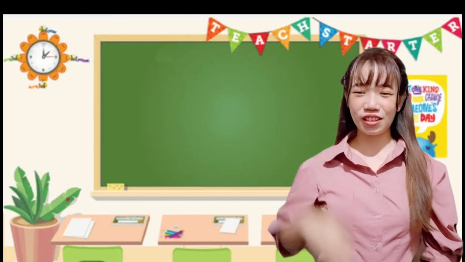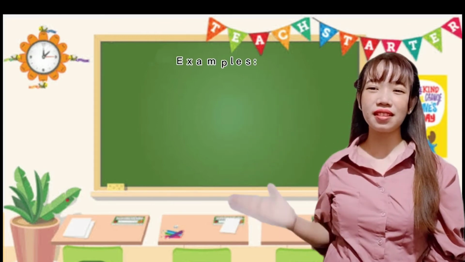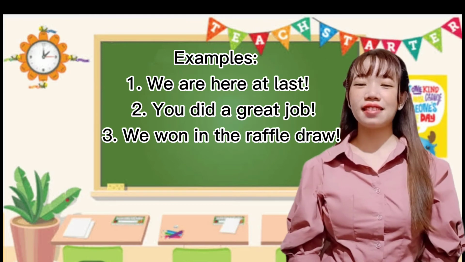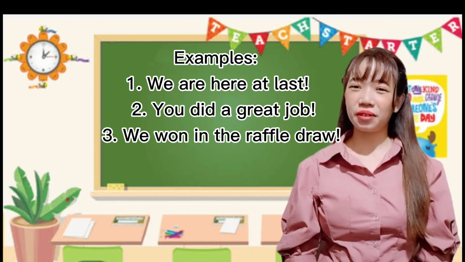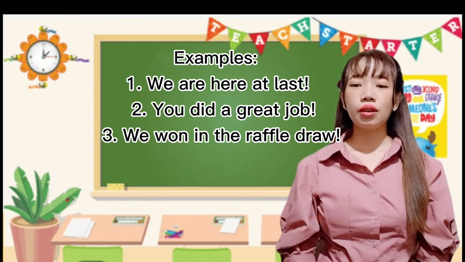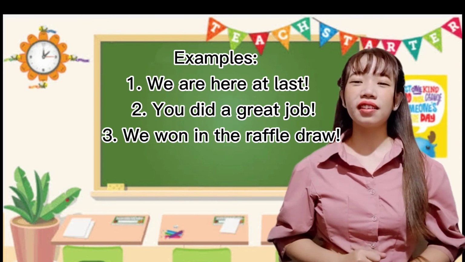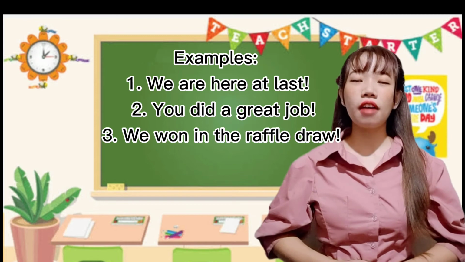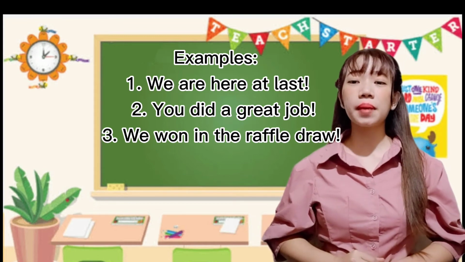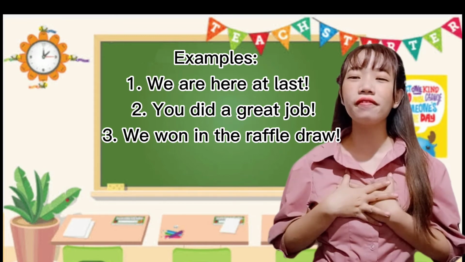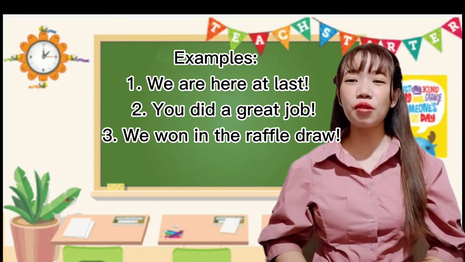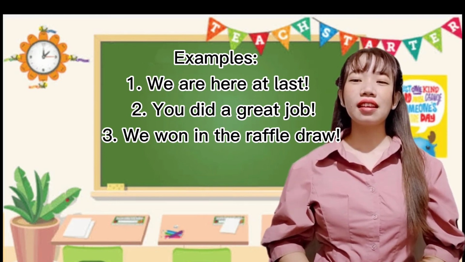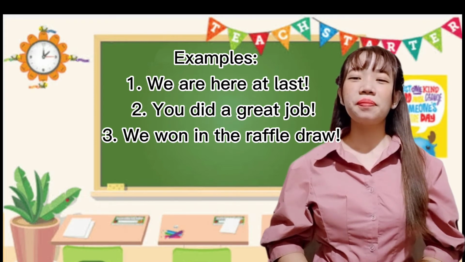Very good. Let us try to read more examples. We are here at last! You did a great job! We won in the raffle draw! Each of these sentences are example of an exclamatory sentence because it expresses a strong feeling or a strong emotion. Very good. And it ends with an exclamation point.